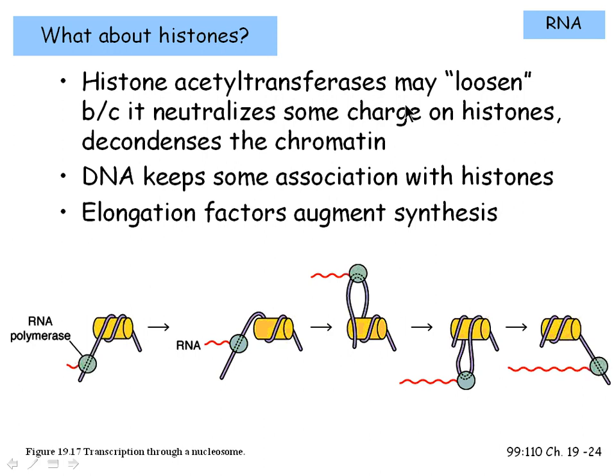One thought is that the histone acetyltransferases are loosening those associations with the DNA and make it easier to access the DNA. It is clear that even with the activity of histone acetyltransferases, the DNA does not become stripped naked. And this is believed to be some of the ways in which an RNA polymerase can, in effect, read through a nucleosome.